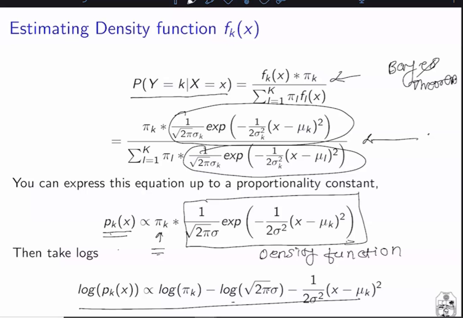So this is the equation that I got after taking the log. See here what I did on this slide. I substituted the density function in the equation derived from the Bayes theorem, I converted that equality into a proportionality, and third, I took the log of this proportionality.